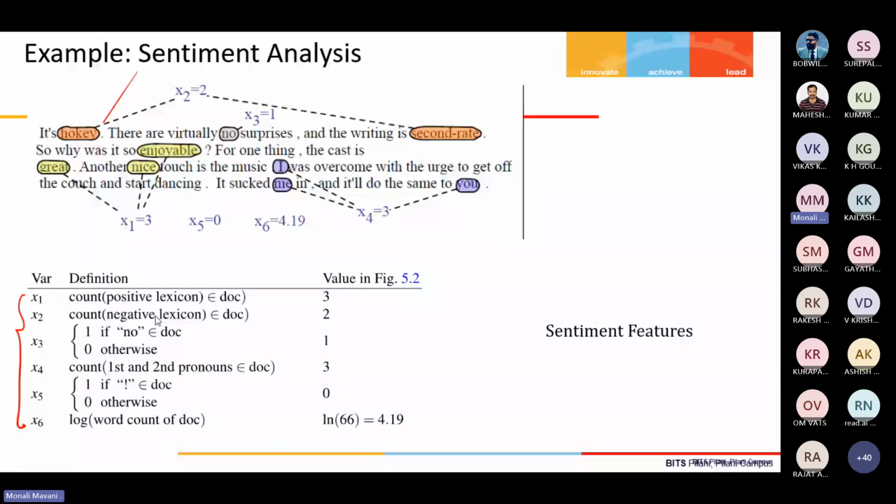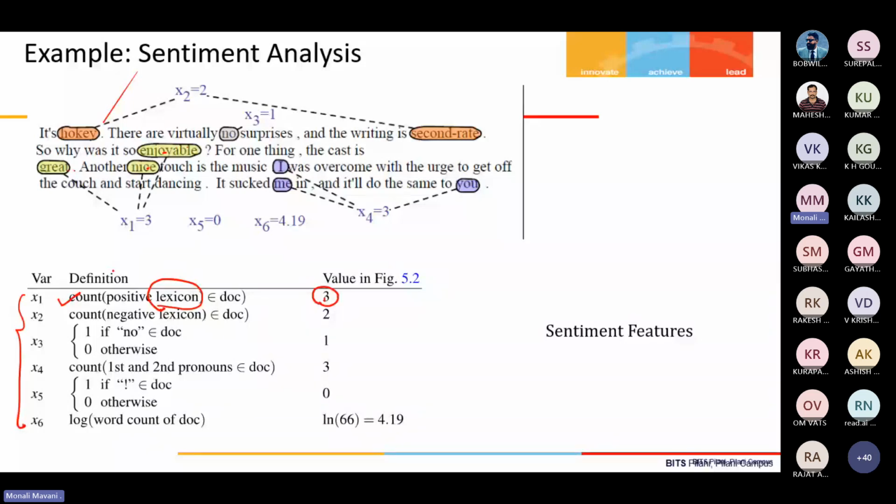For example, the first feature chosen is the count of positive lexicon. Lexicon is a term used in linguistic processing. It's basically a word, a positive word. So how many? There are 3 positive words: in X1, nice, enjoyable, great. These are the 3 positive words.